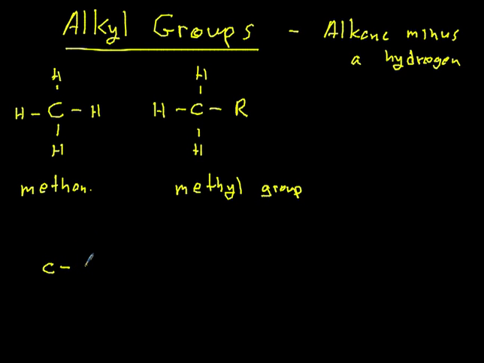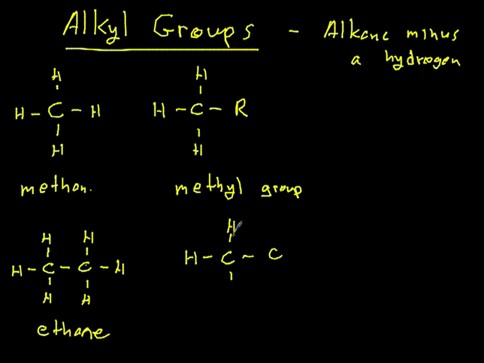If we go to 2 carbons with all of their hydrogens around it, so C2H6, well, that would be ethane. If we take off one of the hydrogens, it doesn't matter which one we take off, leaving this carbon available to attach to something besides a hydrogen, then that is an ethyl group.